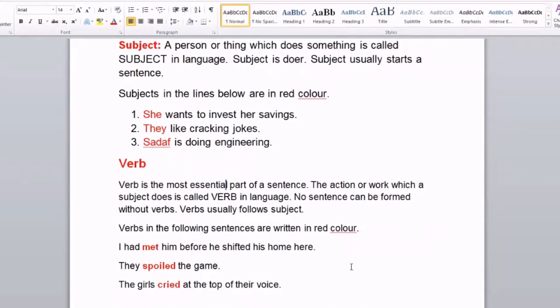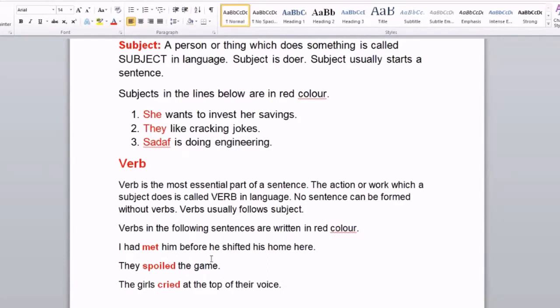Now I have written a few verb sentences for you in which I have highlighted verbs in red color. A verb usually follows subject. First we have subject in the sentence, then we have verb. Usually, not in all cases, but generally verb occupies the middle place in a sentence.